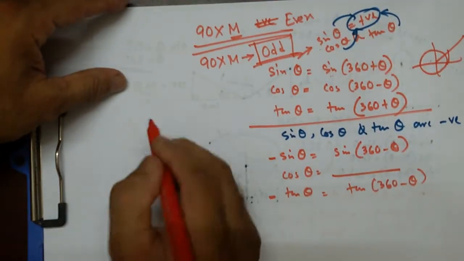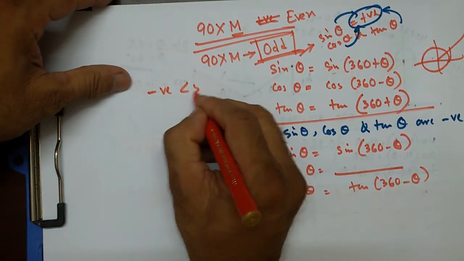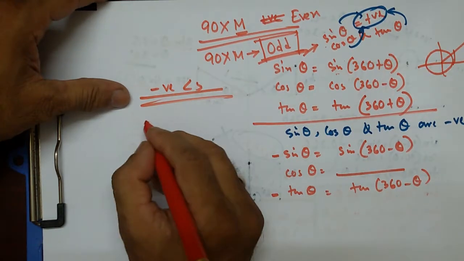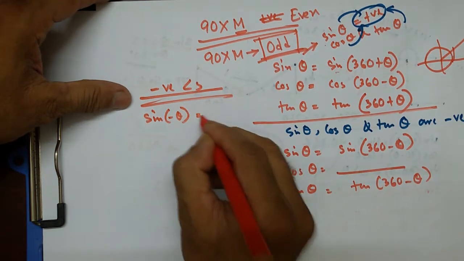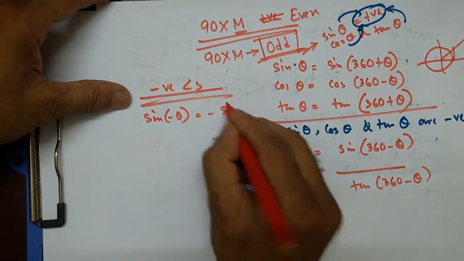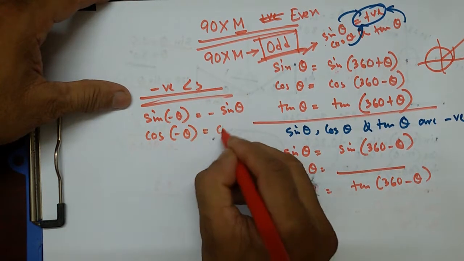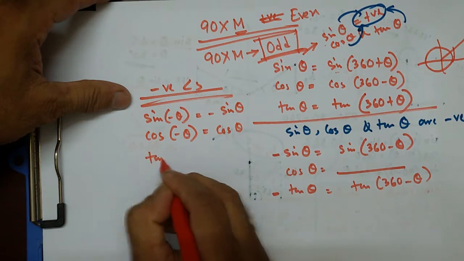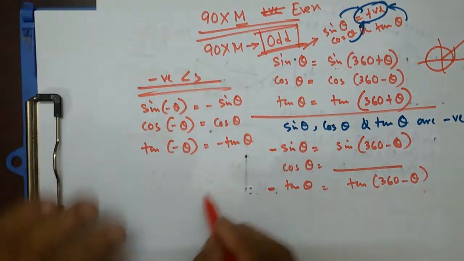And lastly, I'm going to give you some negative angle formulas. Okay, not formulas, it's just the way it is. Sine negative theta is always negative sine theta. Cos negative theta equals cos theta, and tan negative theta equals negative tan theta. Now what is negative theta?